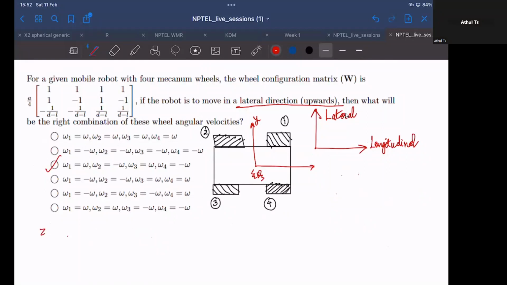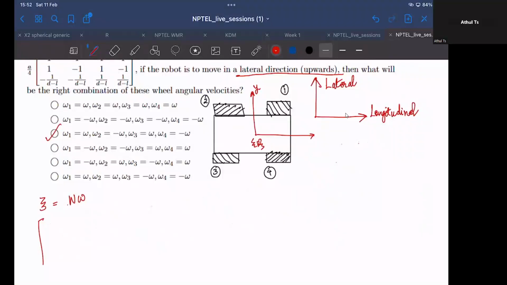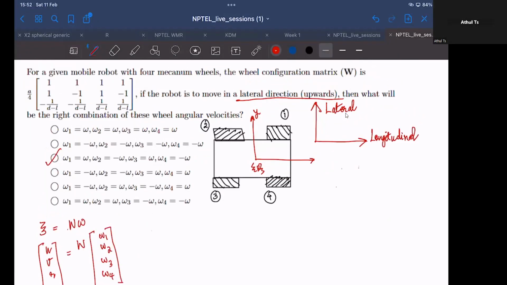So in this regard, what is this zeta matrix? Zeta would be simply your vector of U, V, R. So this is mapped onto the wheel angular velocities, omega 1, omega 2, omega 3, omega 4, by this W matrix that is given in the question.